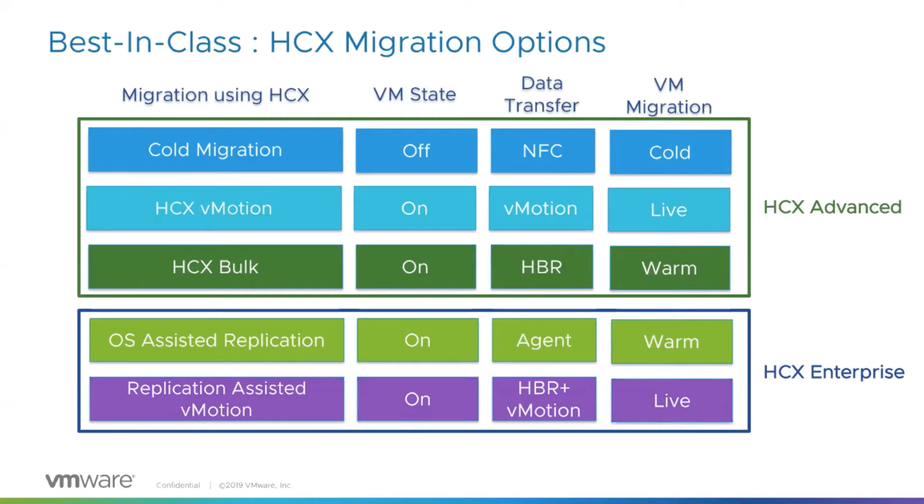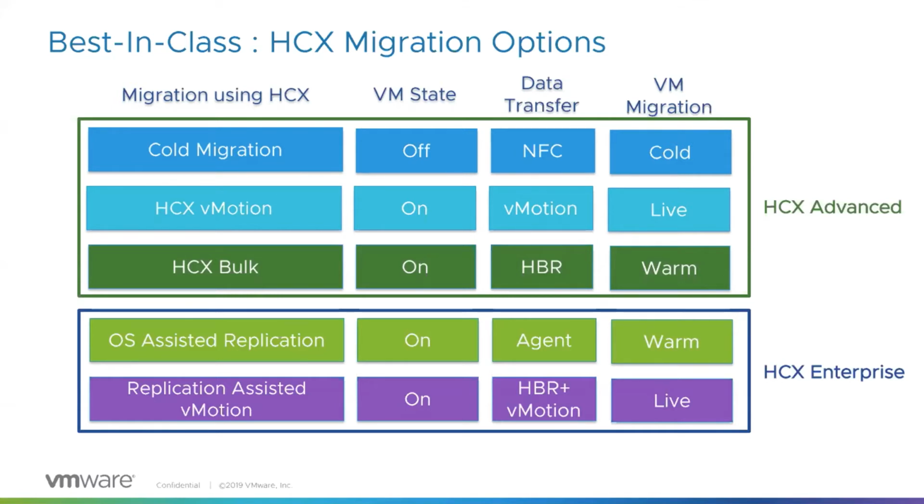So if there is any customer who's already entitled to NSX Enterprise Plus, then they can use the same license to enable HCX Advanced, and they can use this functionality. HCX Enterprise requires a separate license. So the two features that we see at the bottom, OS assisted replication and replication assisted vMotion, are available only on HCX Enterprise. Now I already spoke a little bit about OS assisted replication.